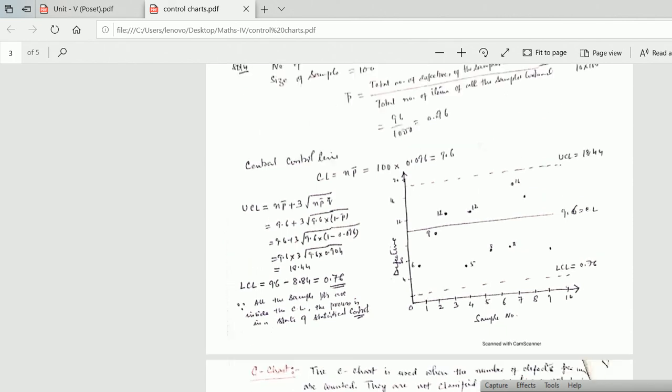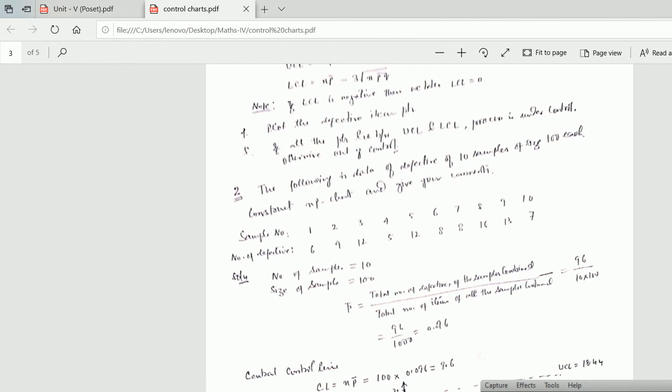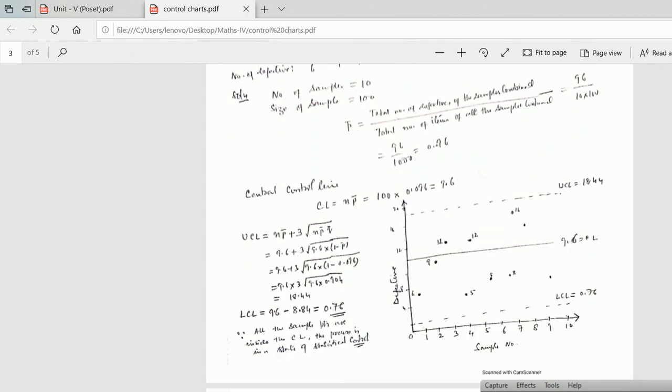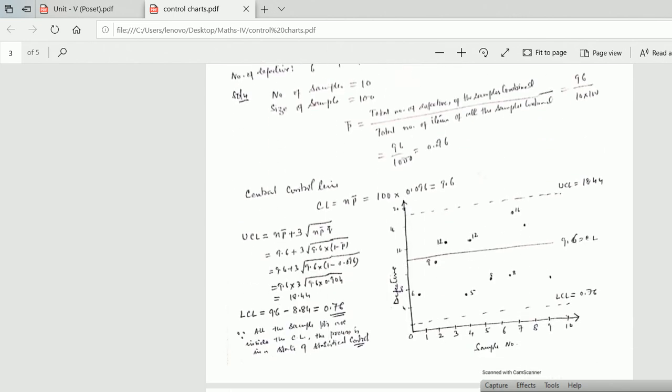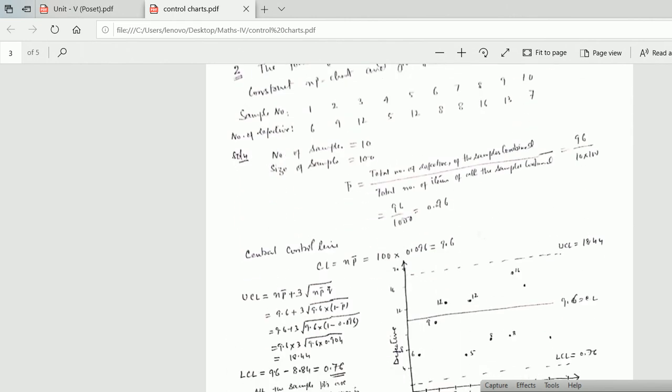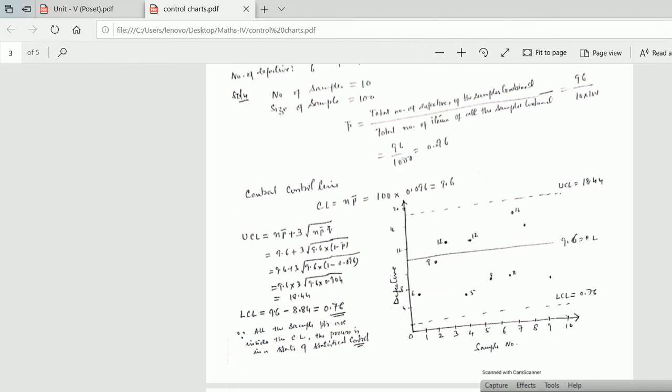Now you see each point. For sample 1, 6 is here. Sample 2, 9, it will be somewhere here. For sample 3 it is 12, it is also below this. For sample 5 it is 4, see here.